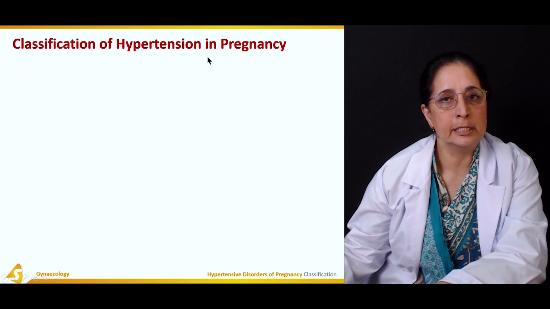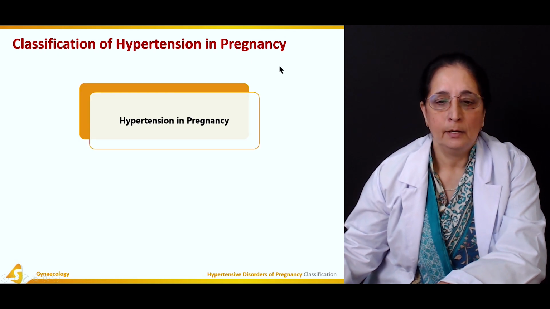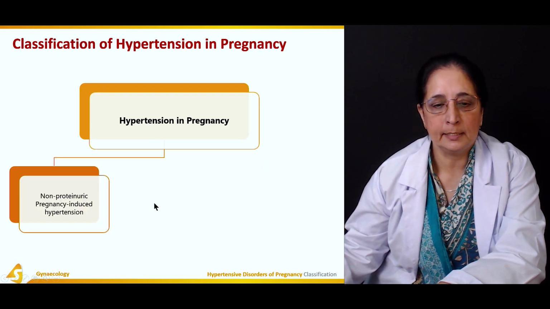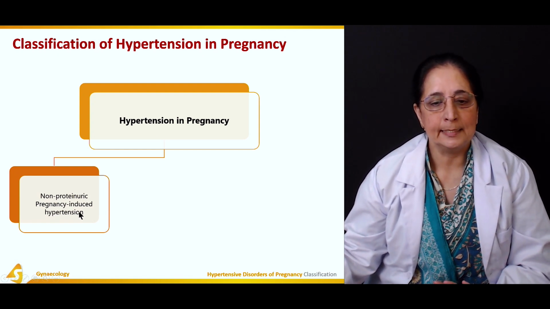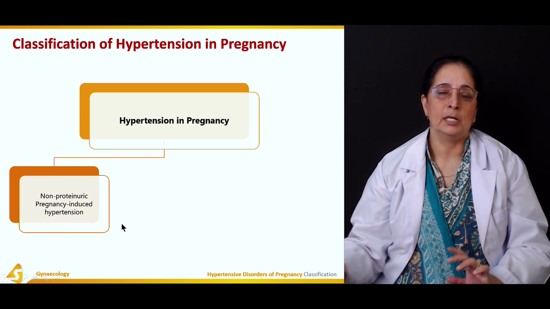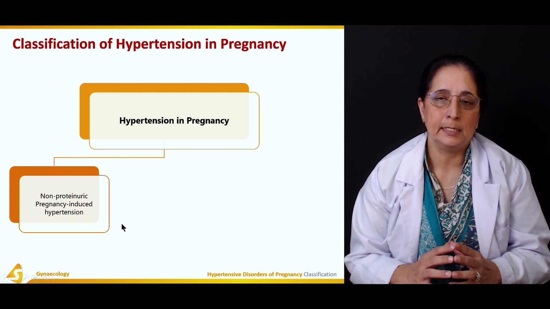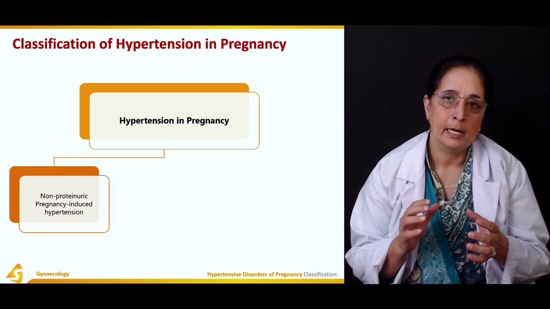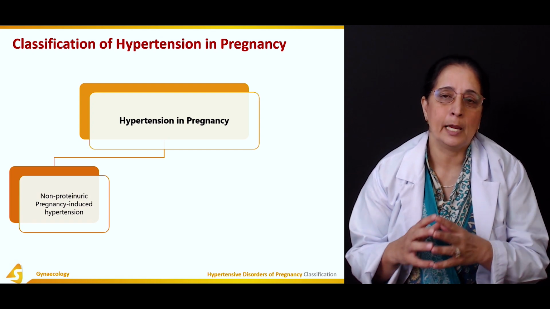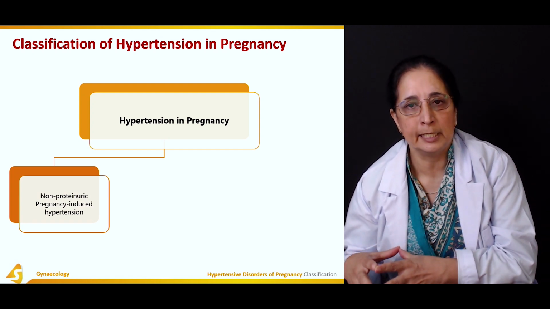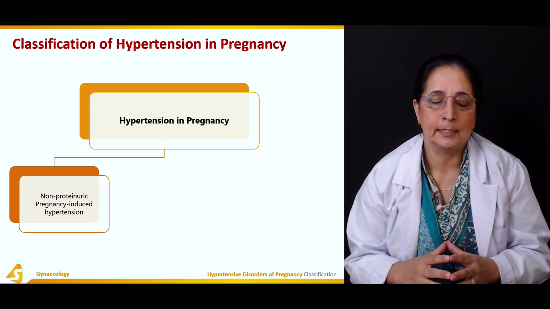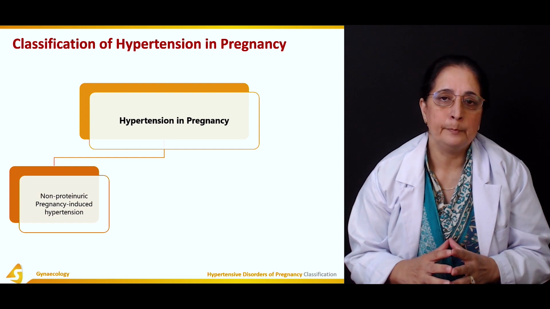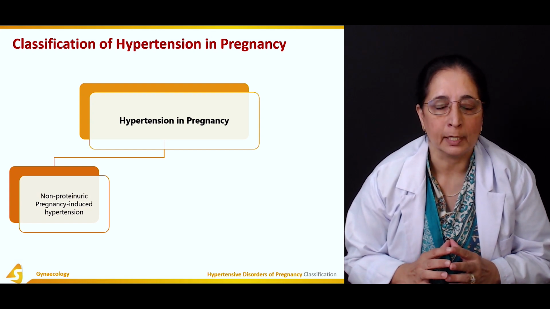Classification of hypertension in pregnancy. We have non-proteinuric pregnancy-induced hypertension. As I mentioned in the previous slide, gestational hypertension is the hypertension that can develop only during the pregnancy, and this can be non-proteinuric.